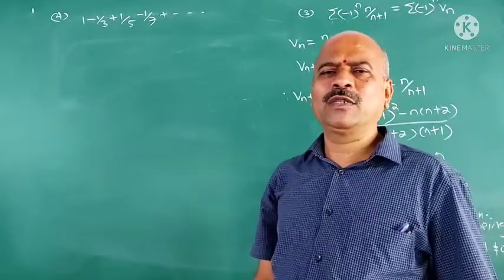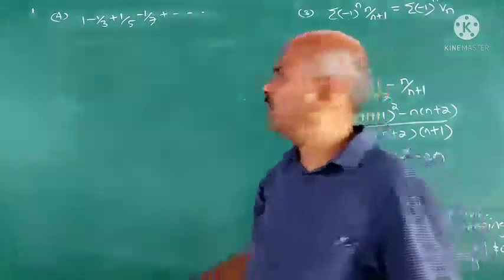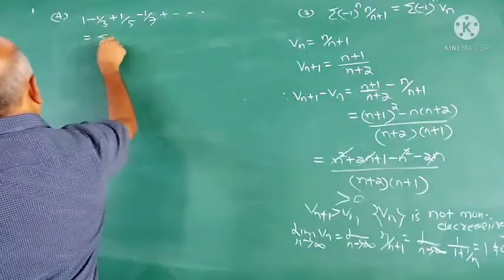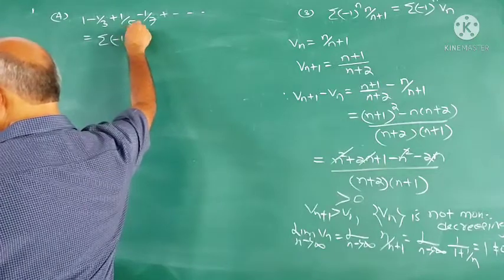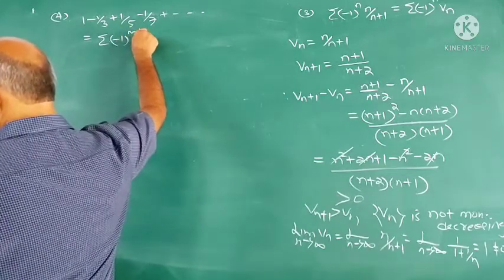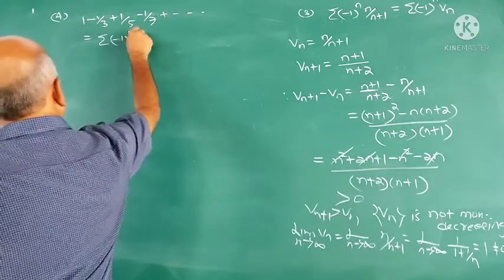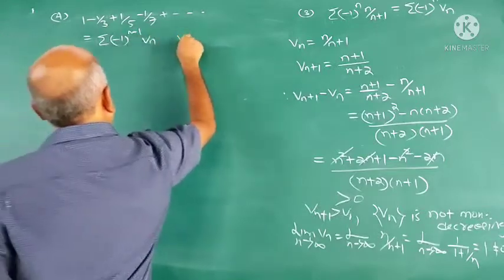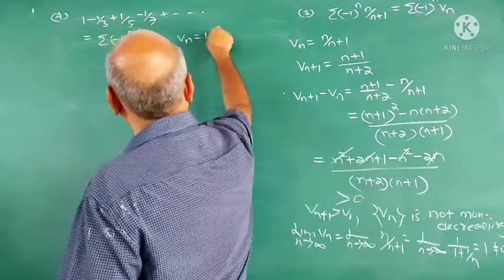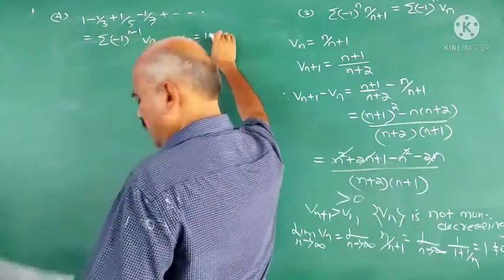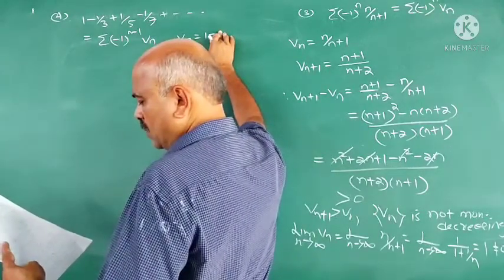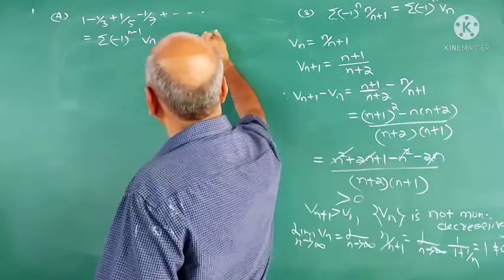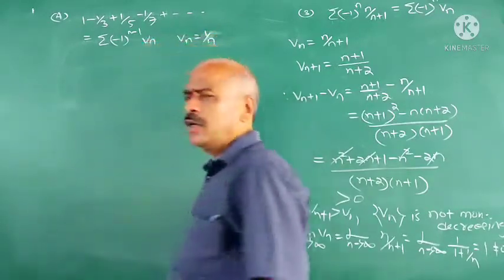Sigma minus 1 raised to n minus 1 Vn. What is Vn? Vn is 1 upon n.